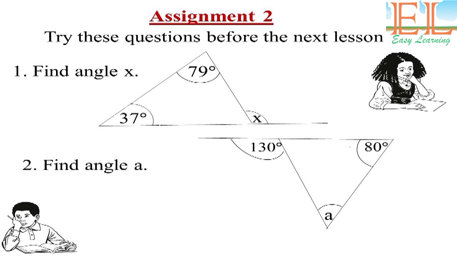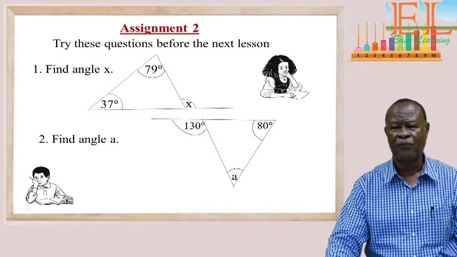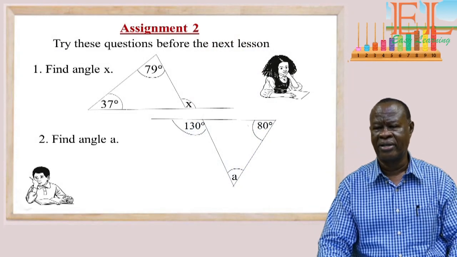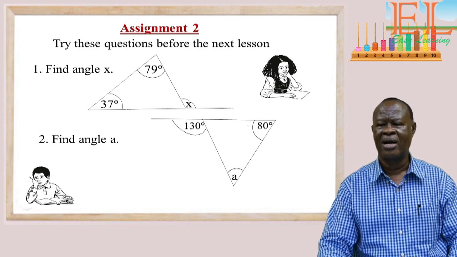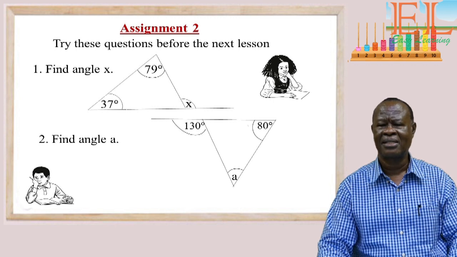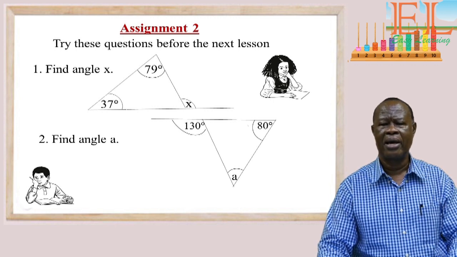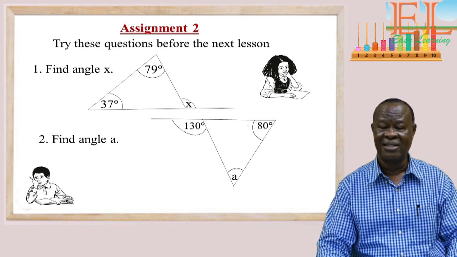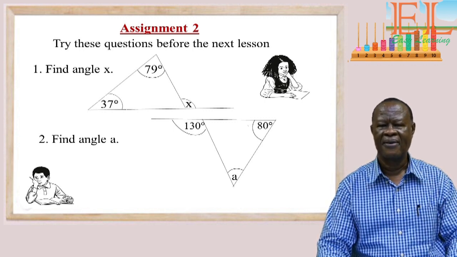So use the concept you acquired from assignment 1 to answer this question, find X. And then question 2, find A, where A is an interior angle, and you have a second interior angle which is 80 degrees, but you have 130 degrees as an exterior angle, which you have to use to answer and find the value for A.